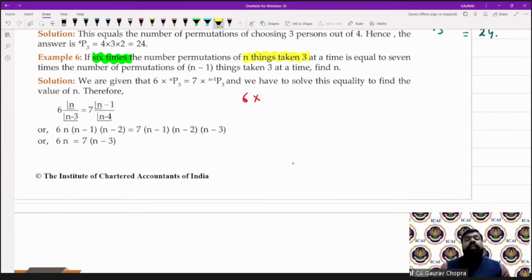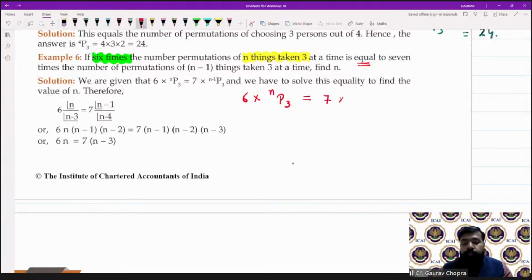It means out of n things, we have to select only 3, just similar to SQUARE. There were 6 alphabets and we had to select 3. So here there are n letters and we have to select 3. So we can write nP3, selecting 3 items out of n. Then what is written? It is equal to 7 times.